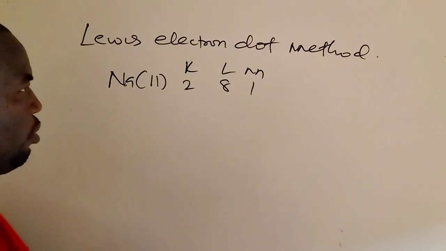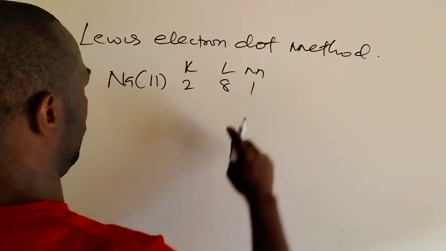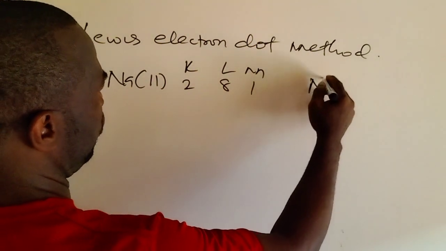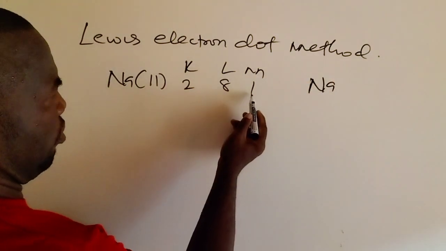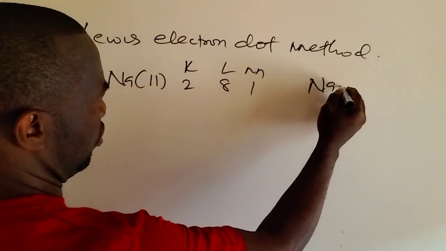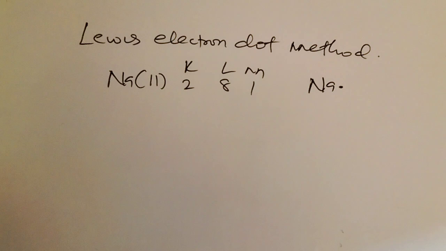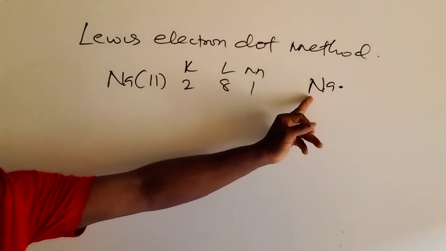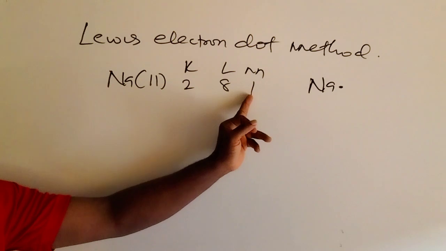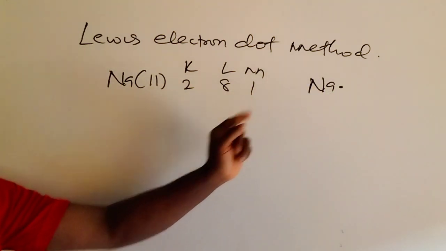So in the Lewis method, you don't have to start drawing circles or shells. What we do is write the symbol of sodium, Na, and present only one electron with a dot. That is the Lewis structure of the sodium atom. You only represent the atom's outer electron.